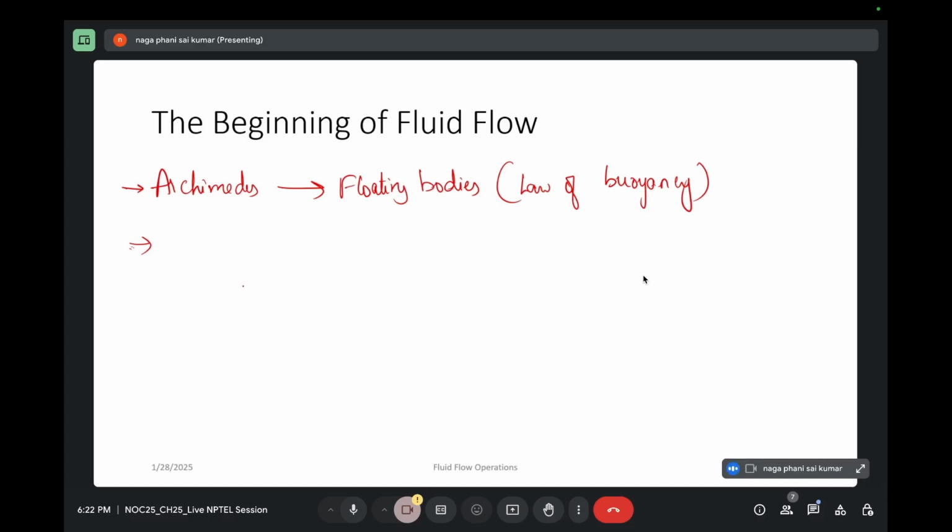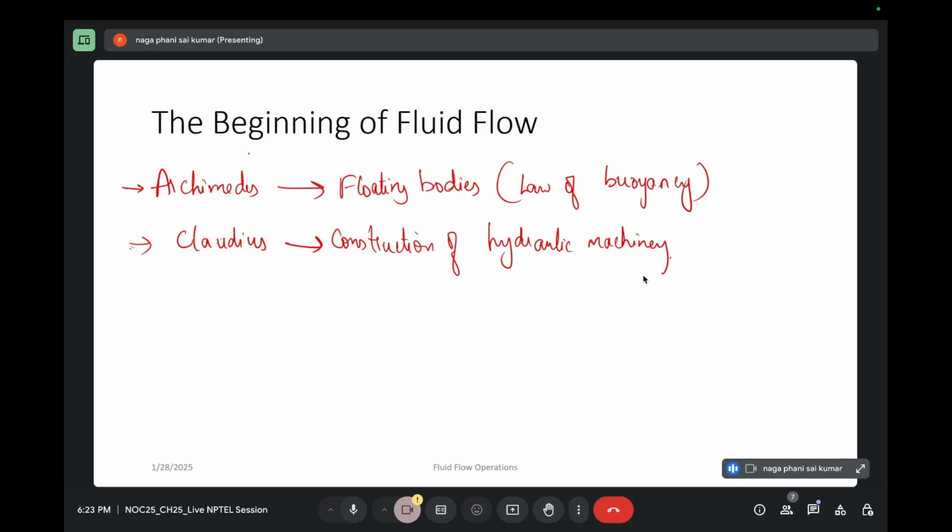And then there was a Roman mathematician, Claudius, who constructed hydraulic machinery.